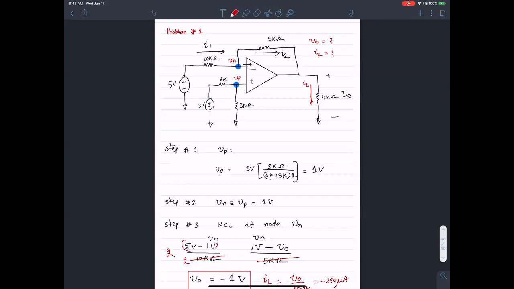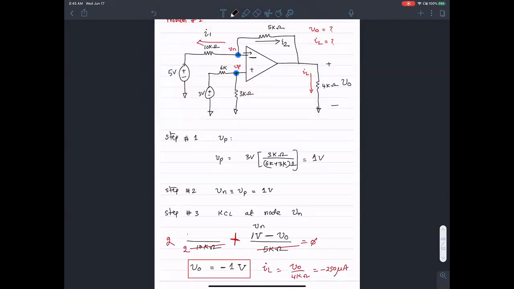I could have done this guy. What you said is Vn minus 5 volts. So I'm assuming the current leaving here plus that guy equals 0. Or like you mentioned earlier, what I have done is simply changed this direction to be 5 volts minus Vn and brought it to the other side of the equation.